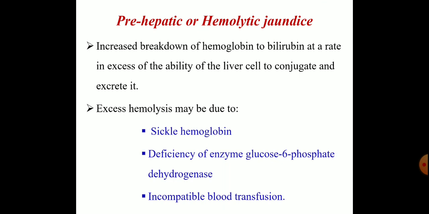The liver is normal and glucuronic acid production is normal, but due to the increased production of bilirubin, the liver is incapable of conjugating all the bilirubin produced. This condition is found in sickle cell hemoglobin, deficiency of the enzyme glucose 6-phosphate dehydrogenase, and incompatible blood transfusions.